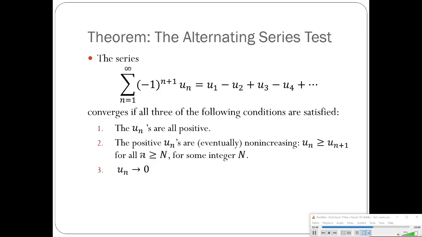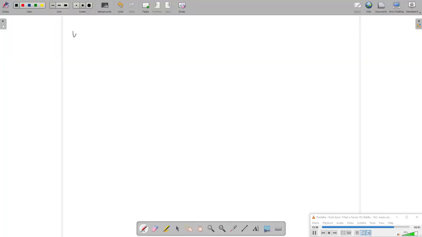So let's look at the proof of this. So note, for our given, we get to assume all three of these. So we know u sub n are positive, u sub n non-increasing, and u sub n converges towards 0.